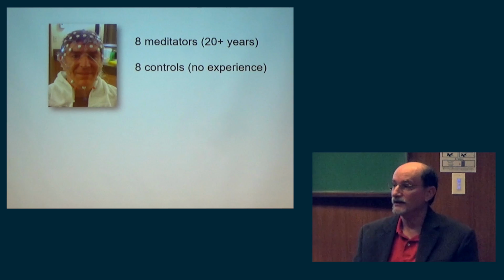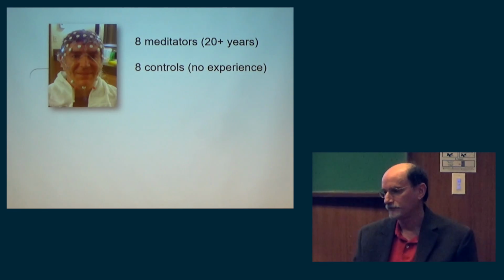So they claim they achieve a state of timelessness, and we wanted to test that using this design, and then to get 8 controls who had never meditated. So the standard joke here is we're in Northern California, and it's very hard to find people who have never meditated. And we had to find people who were both gender and age matched as well to the meditators. It took us much longer to find the controls.